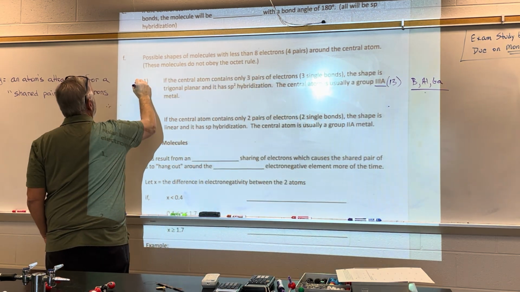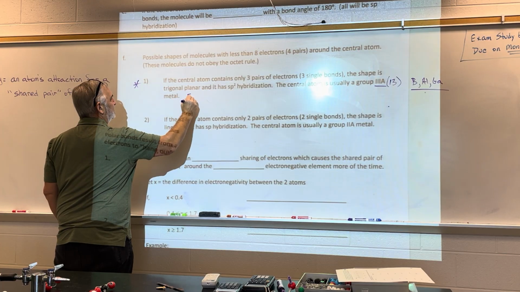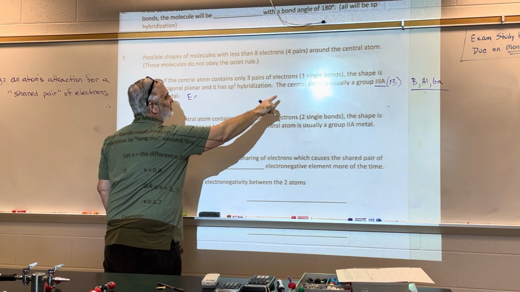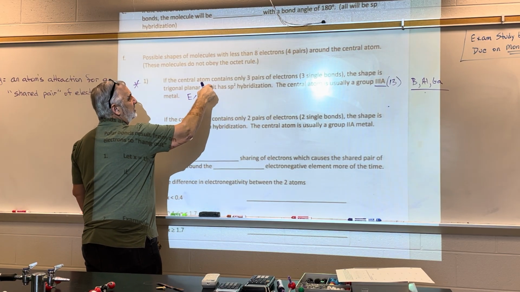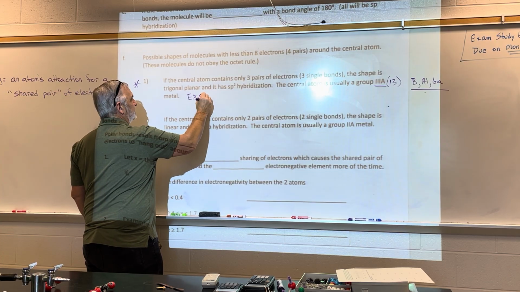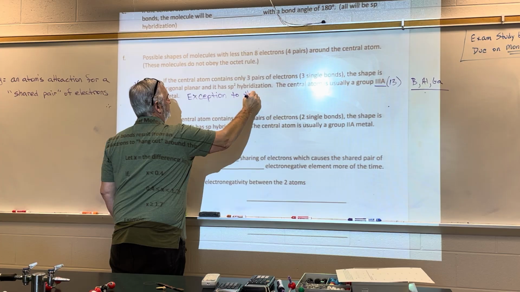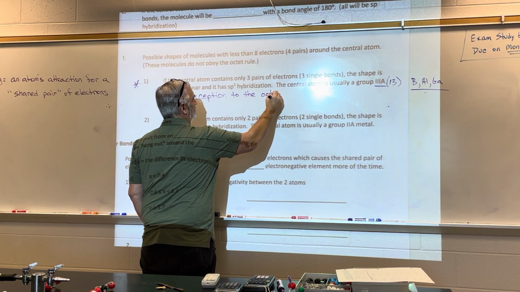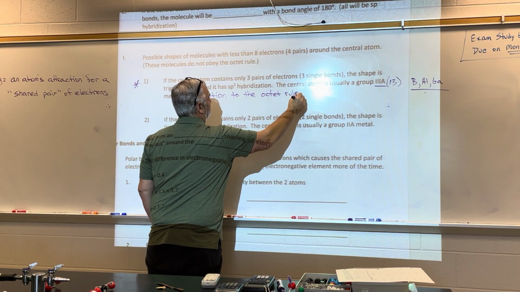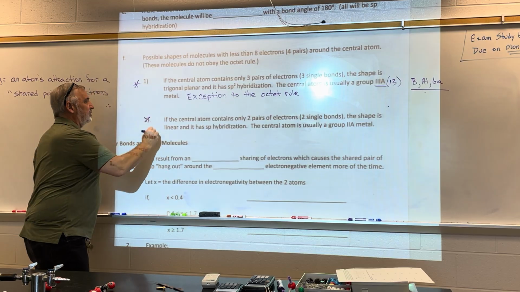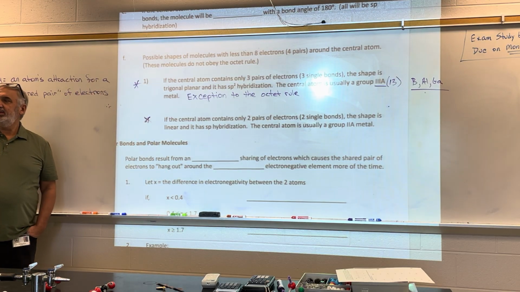This is an exception to the octet rule. Well, it says that. The central atom usually goes through these. Okay? Exception to the octet rule. Now, we're not going to worry about that one. That's group 2.